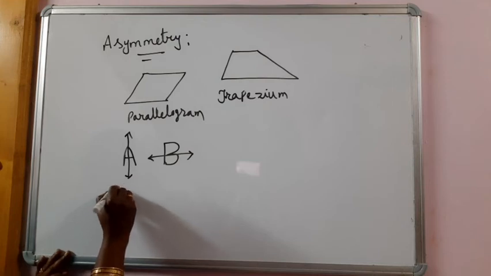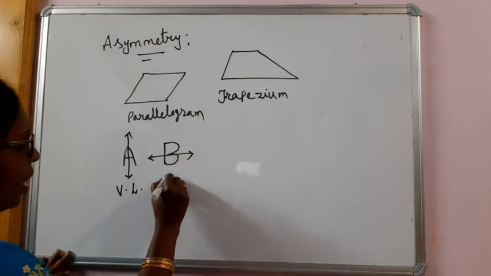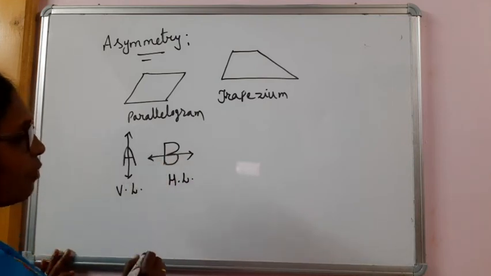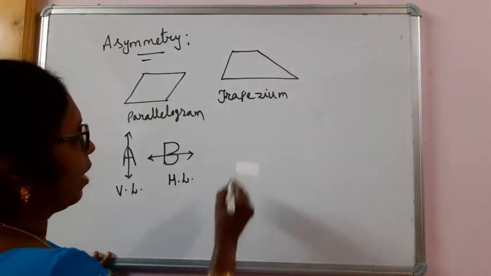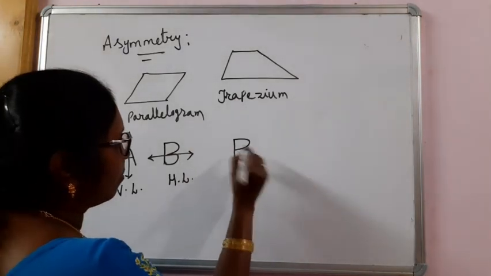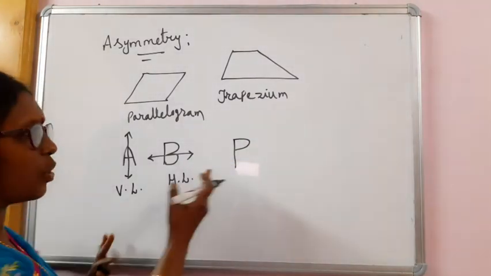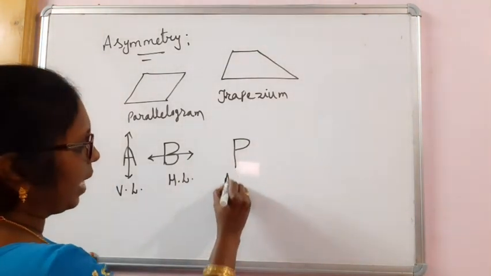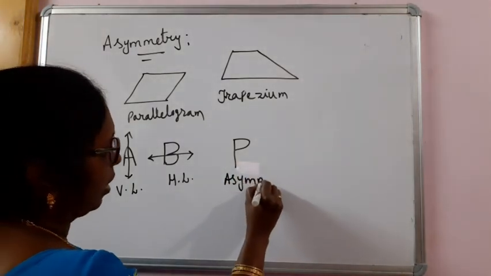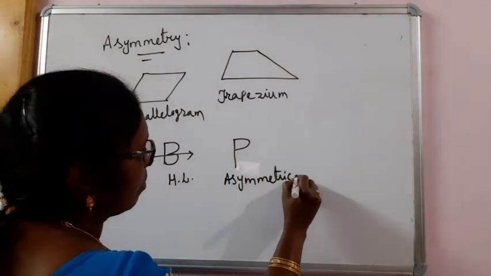So this is the vertical line of symmetry, and this is the horizontal line of symmetry. And let me give you alphabet P. We cannot divide this into two equal halves, neither horizontally nor vertically. This is asymmetrical.